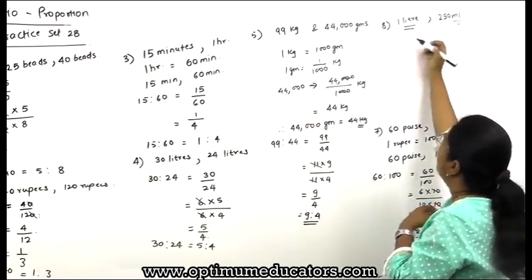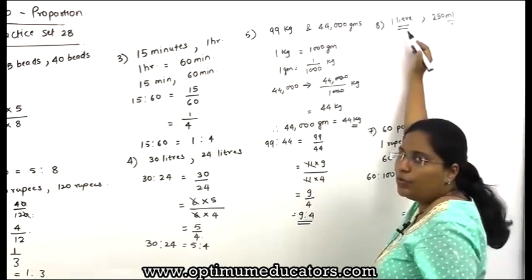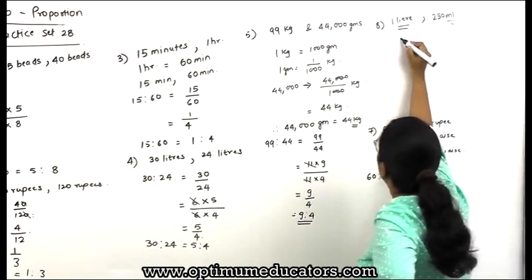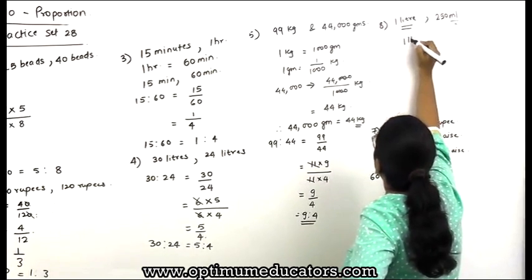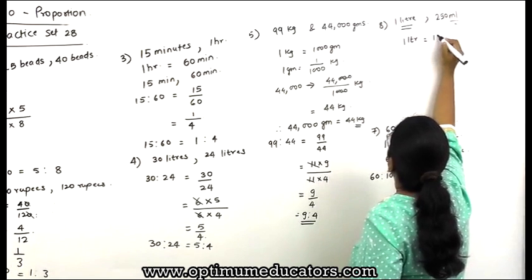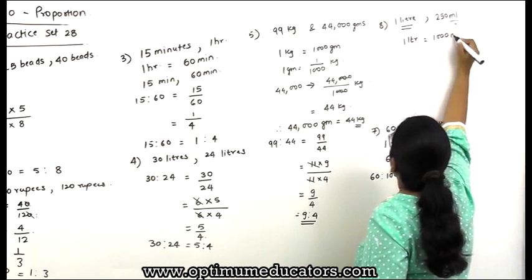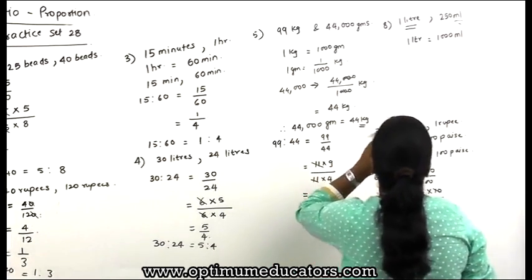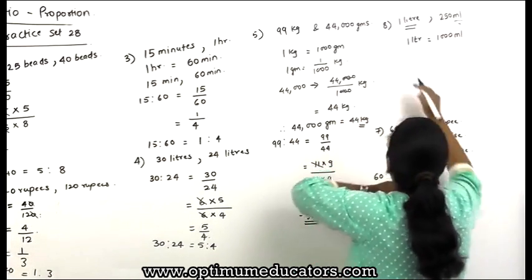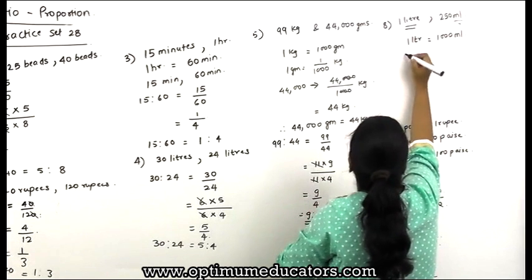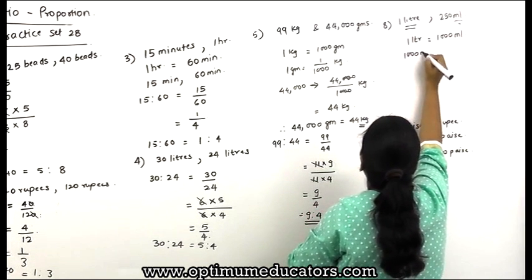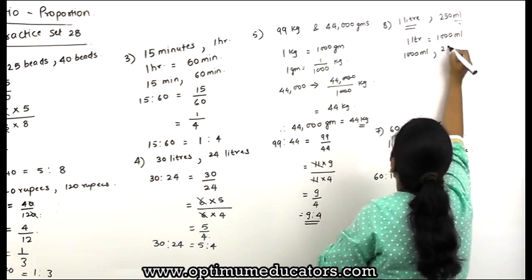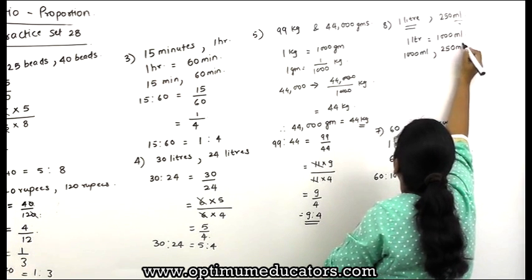Let us convert this liter into milliliters. We know that 1 liter is equal to 1000 milliliters. So instead of 1 liter here, I will say it is 1000 ml and 250 ml.